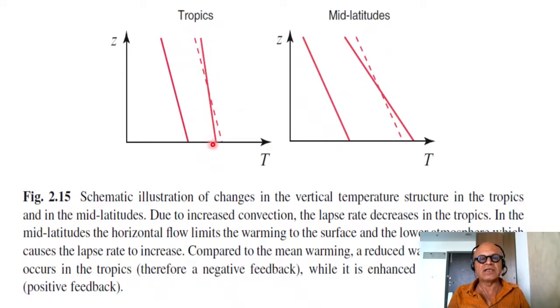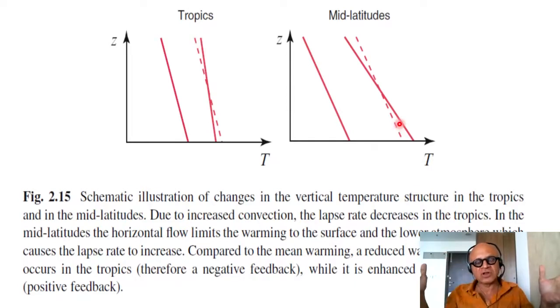And the solid line here shows that the heat is moved from the surface to the upper level, so the upper level heats more, so now you are emitting more longwave radiation, sigma T to the fourth, in the upper levels, so you are losing more energy. So it's a negative feedback in the lower latitudes.